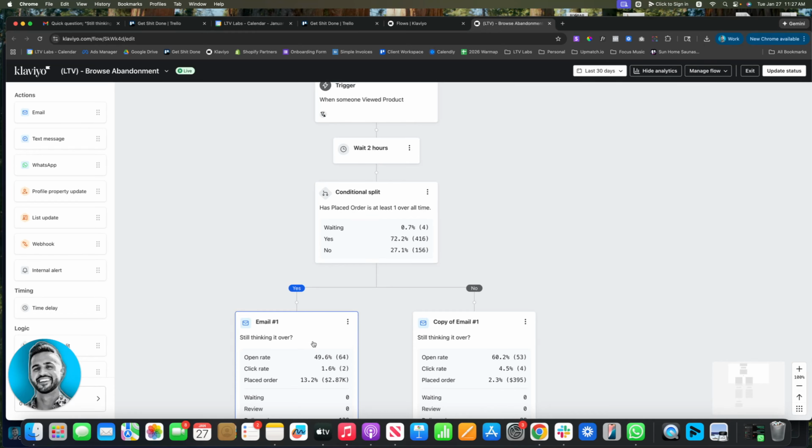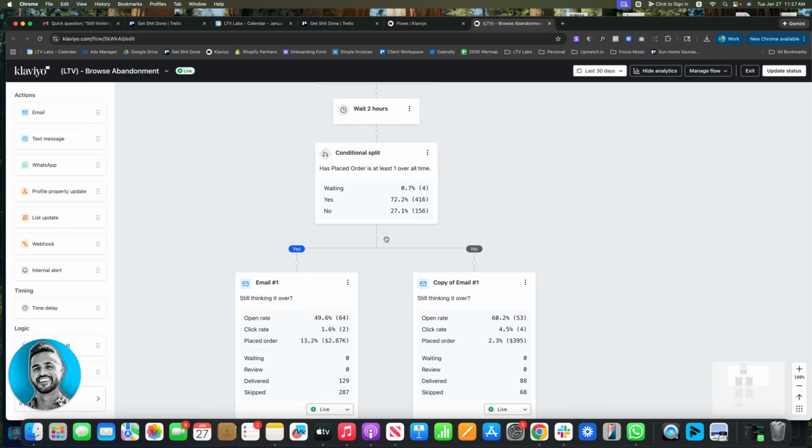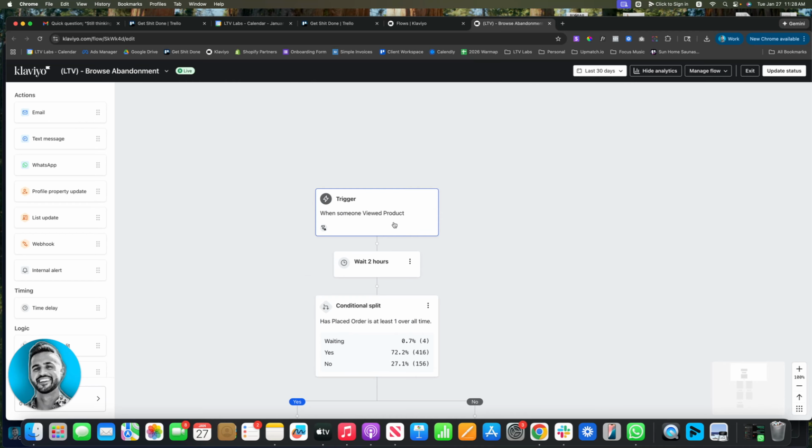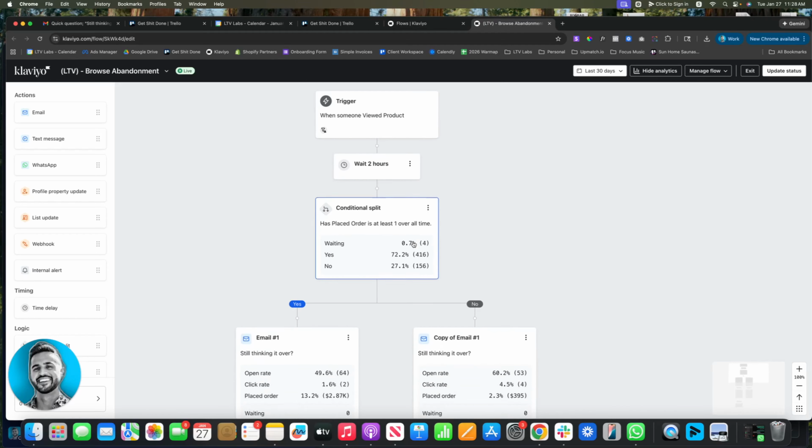Yes, they have placed an order, but maybe they still want to purchase another meal. They're still going to be put into this flow, because technically this viewed product flow is for people that have placed an order or haven't. It doesn't matter, but the main logic is that they're taken out of this flow as soon as they place an order. So hopefully that makes sense.